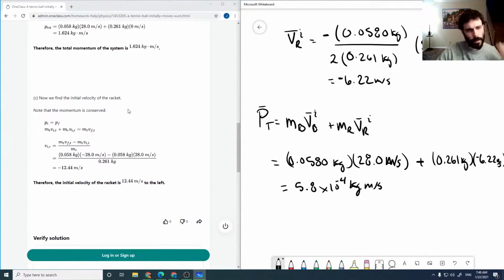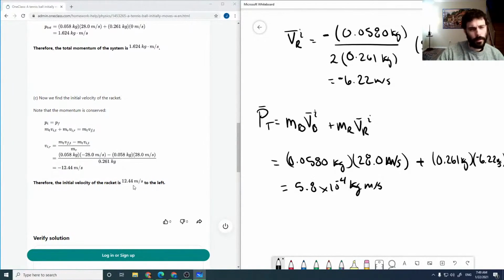And then using their total momentum, so right here, it's saying that the initial velocity of both is just the final velocity of the ball, but if the speed of the racket isn't changing through the collision, then they're representing the speed is changing.